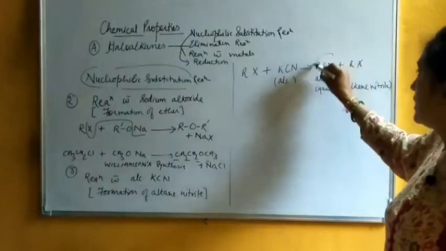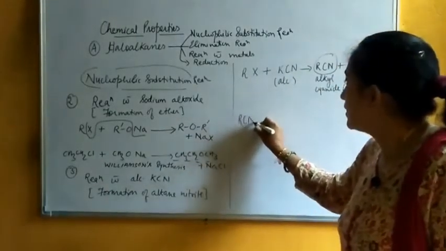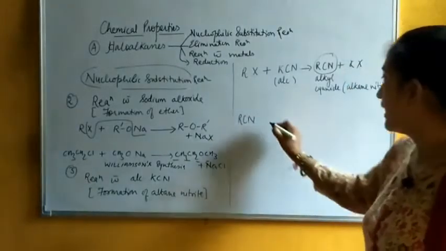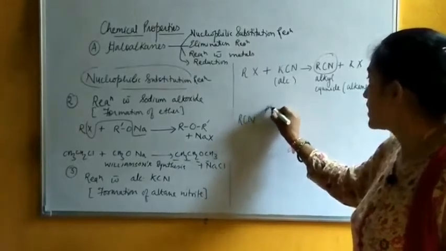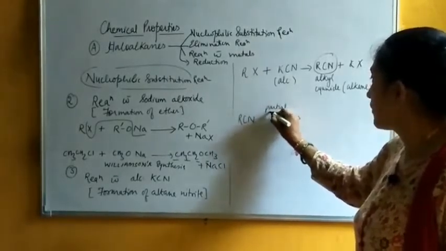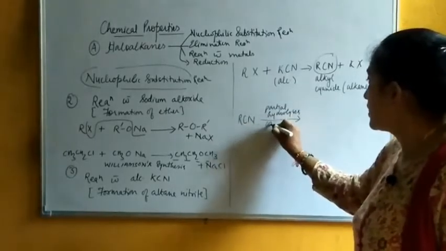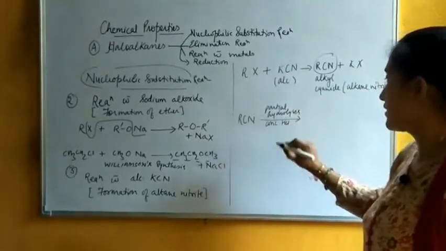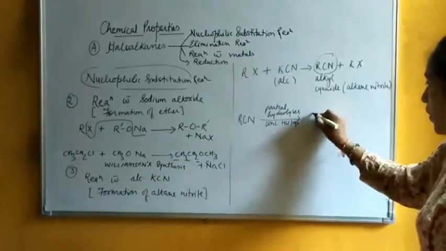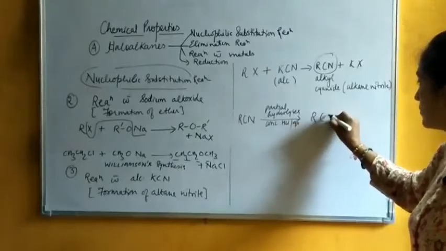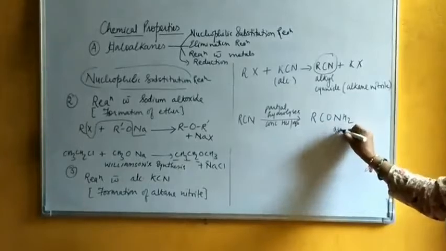Now this RCN is very important. Why? Because this alkyl cyanide, if partial hydrolysis takes place in presence of concentrated HCl, then we will get RCONH2, that is an acid amide.